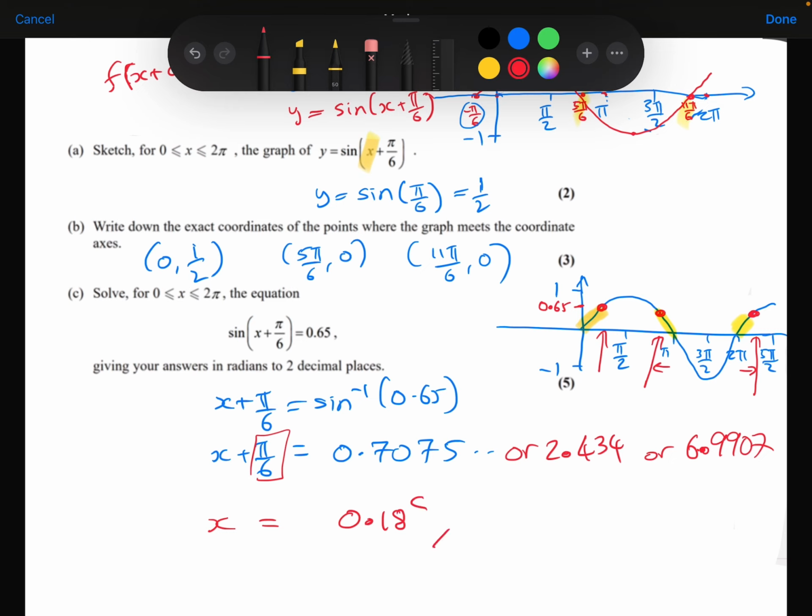When we do the 2.434 minus the pi over 6, we get 1.91 to 2 decimal places. And when I do the 6.9907 minus the pi over 6, I get 6.47.